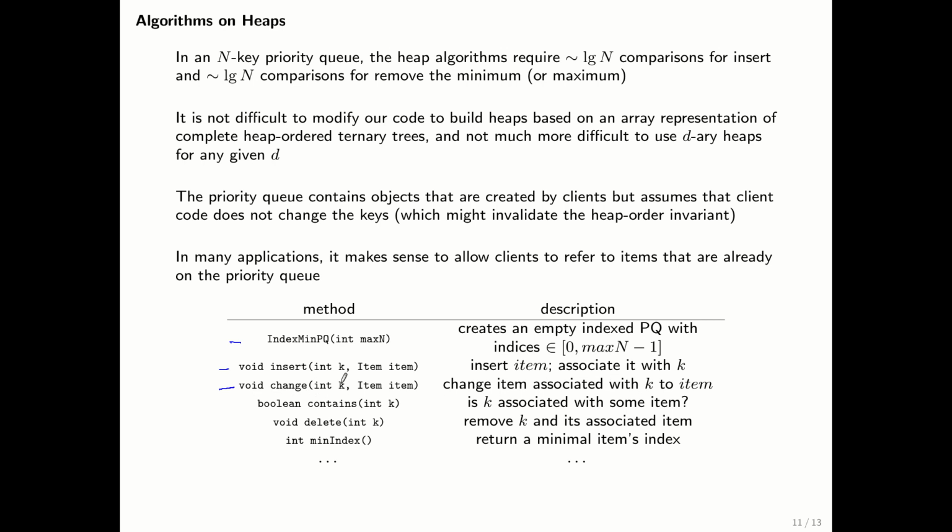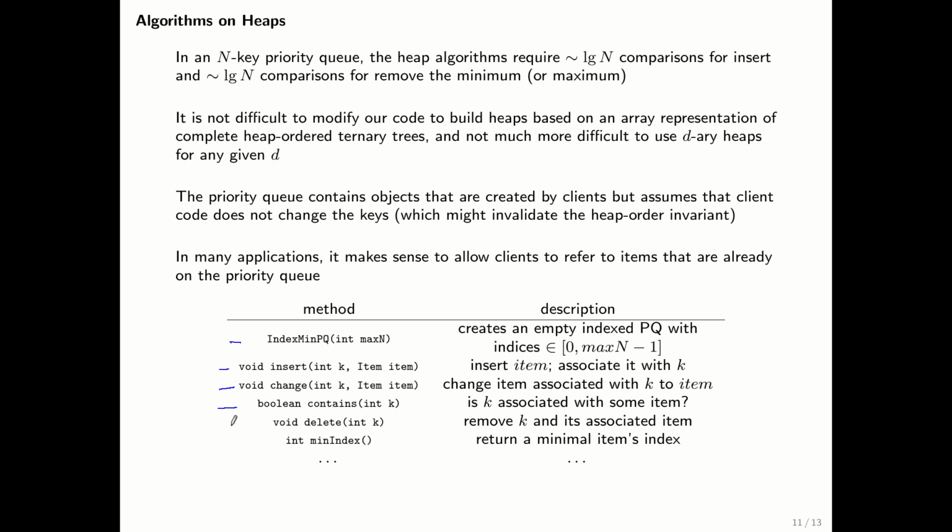And then you can change the item associated with index k using this method. Let's say you have some index k referring to some item in the priority queue. You can change that item by making a call to this change method. So you can supply the same value for k but a different value for item. And then you can check if k is associated with any item in the priority queue using this method.